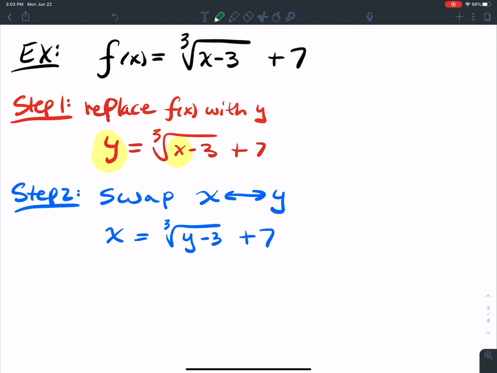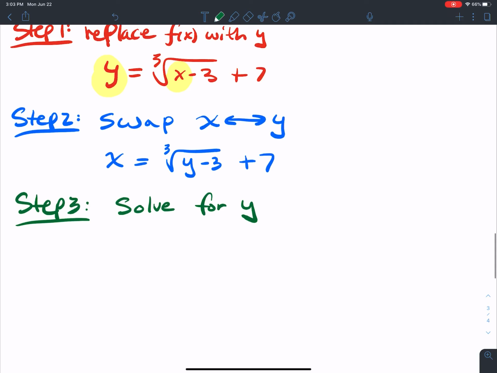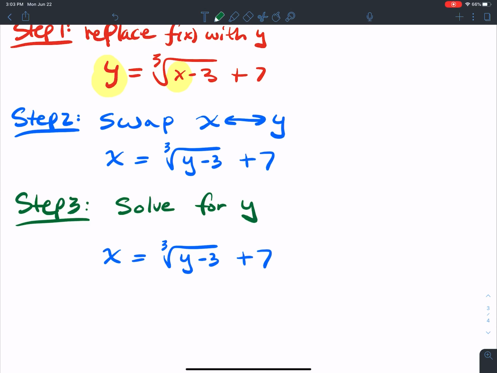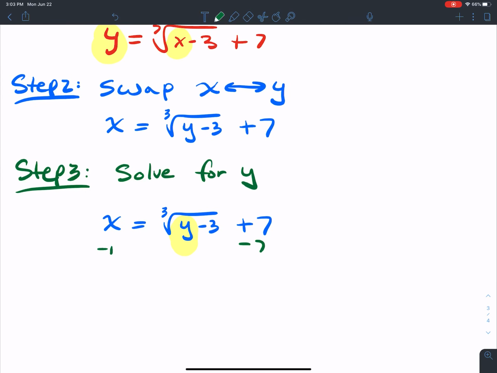Now, step 3. Solve for y. So how do I solve for y? Well, the first thing I'm going to do is subtract 7. I'm trying to get y by itself, so I need to subtract 7.